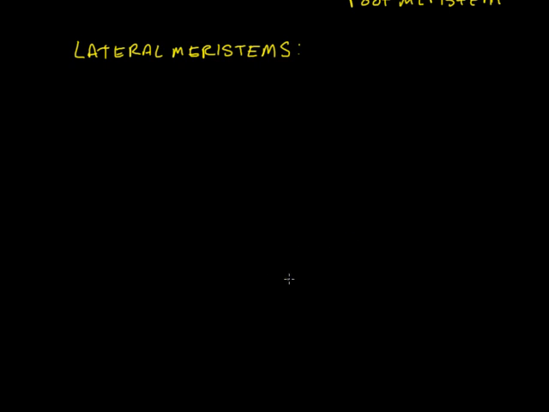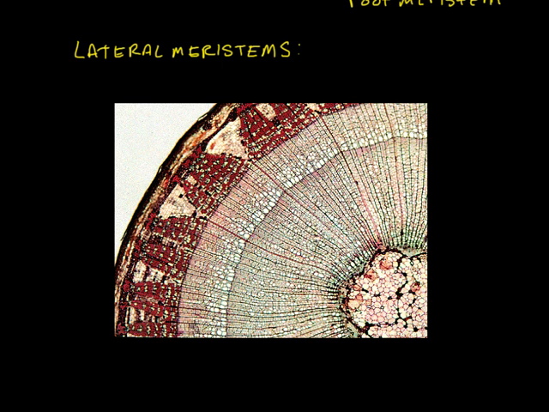If we take a look at a lateral meristem in a woody plant cross section, here we go. This is a cross section of basswood, which is a tree in the genus Tilia. And if we look here, we can see there's all sorts of cells.